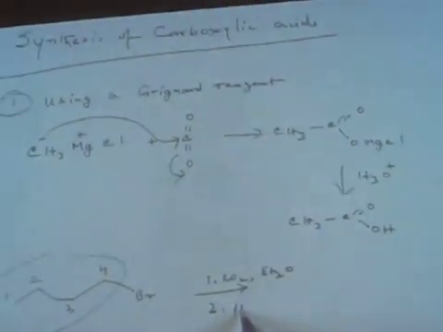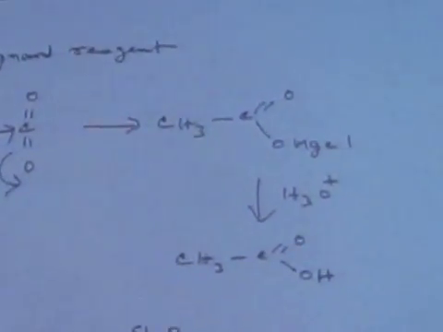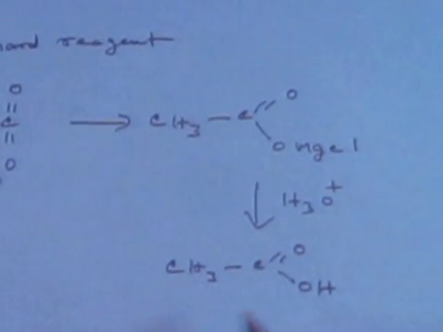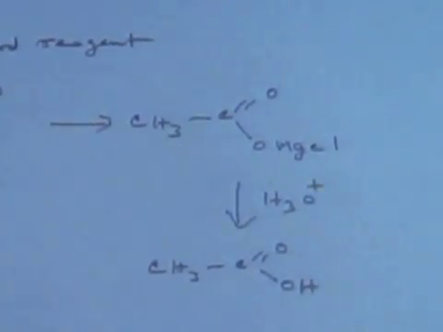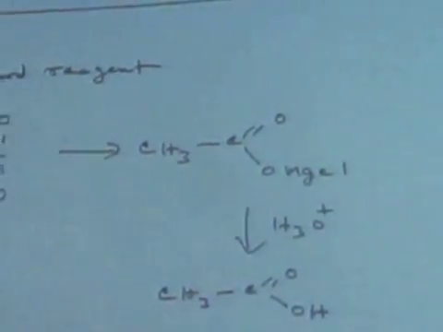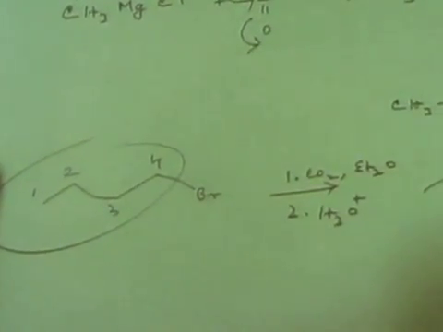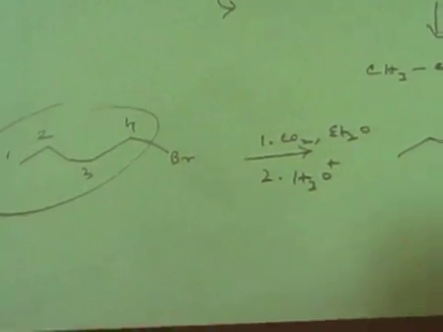Use carbon dioxide in ether and then hydrolyze that. Then you are going to add another carbon, 2, 3, 4, 5 now. So an extra carbon is added.